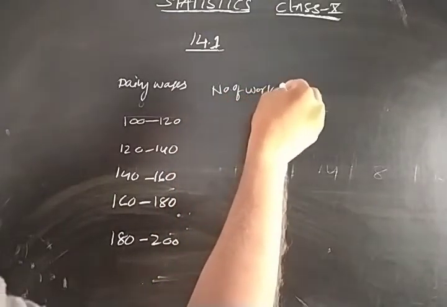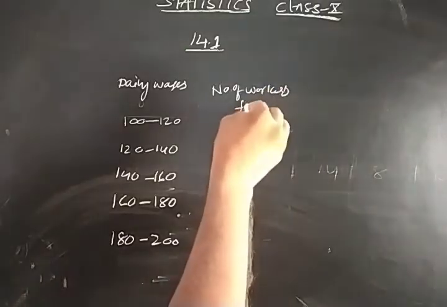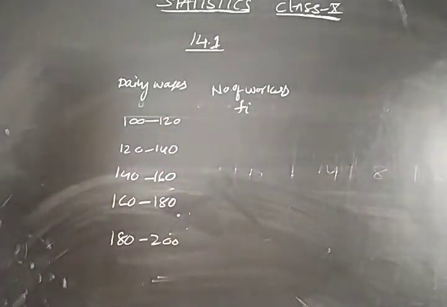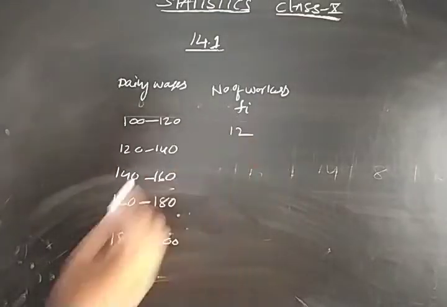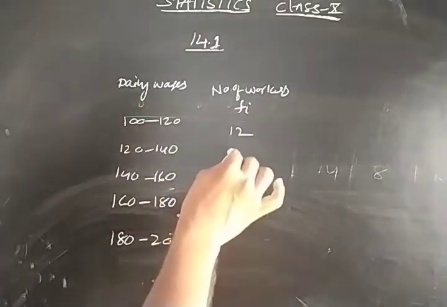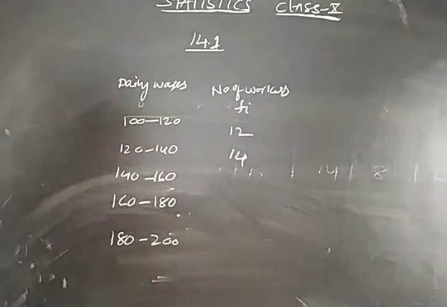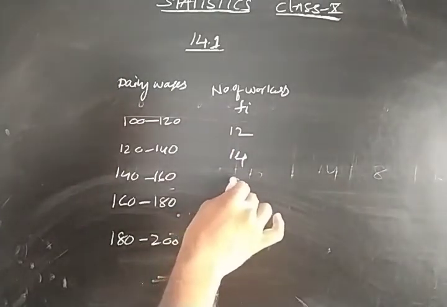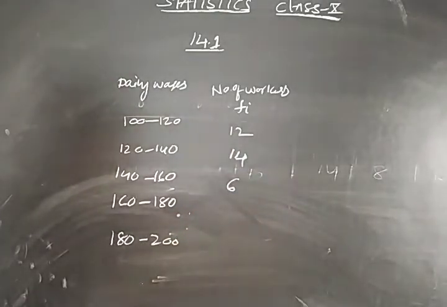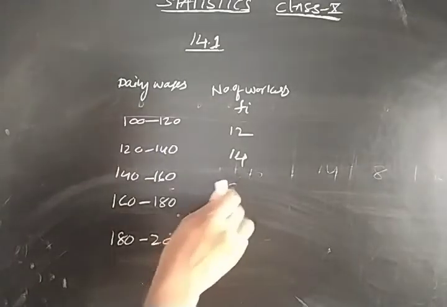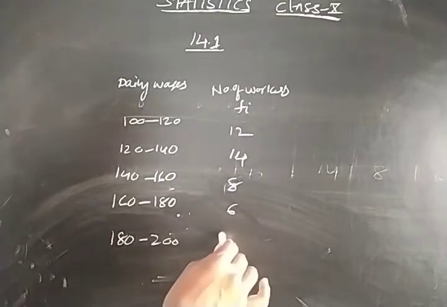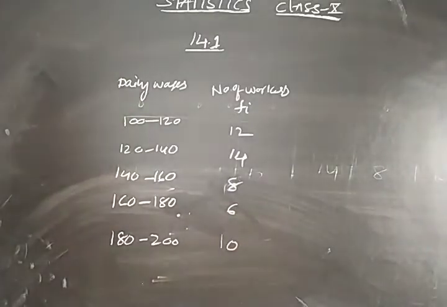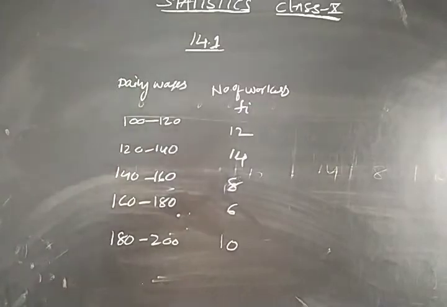I am treating this column as Fi. For 100 to 120, 12 workers are working. For 120 to 140, 14 workers. For 140 to 160, 8 workers. For 160 to 180, 6 workers. From 180 to 200, 10 workers. So this is the given information in the question.